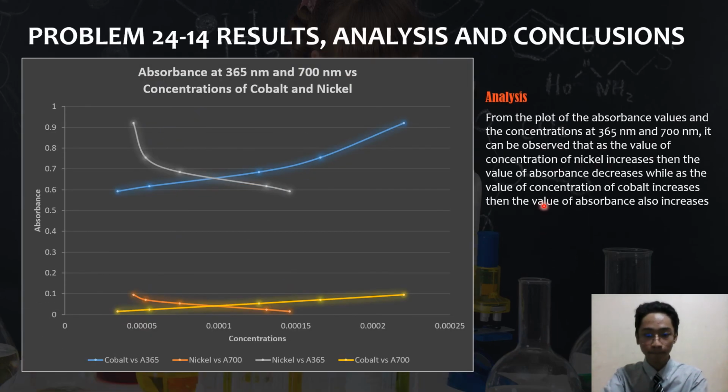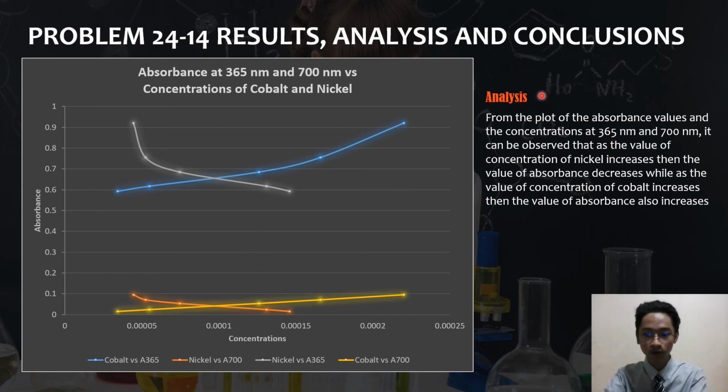For the analysis, we plot the absorbance values at 365 nanometer and 700 nanometer versus the concentrations of cobalt and nickel. So the plot of cobalt versus the absorbance values, shown by the blue line and the yellow line, is heading upward to the right, while the plot of nickel, which is the gray and the orange one, is heading downward to the right.